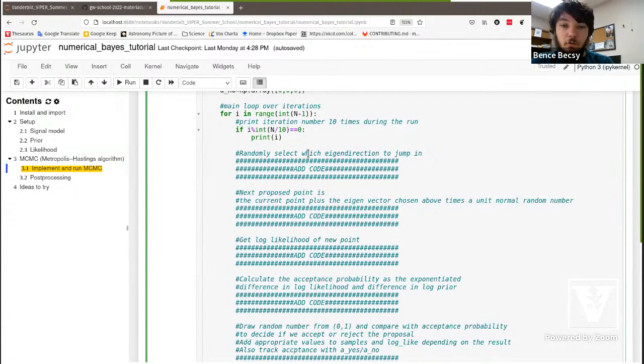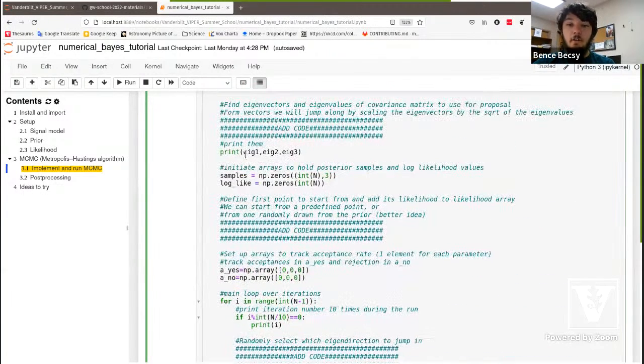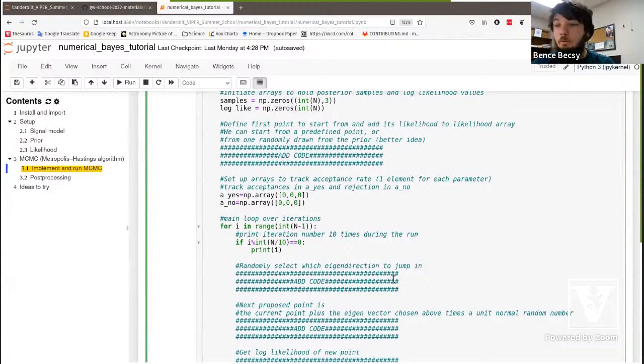We have those 3 eigenvectors here, and we want to randomly decide which one we want to jump along. So here we will just draw a random number, and based on that you can decide which of those eigendirections you want to jump along.